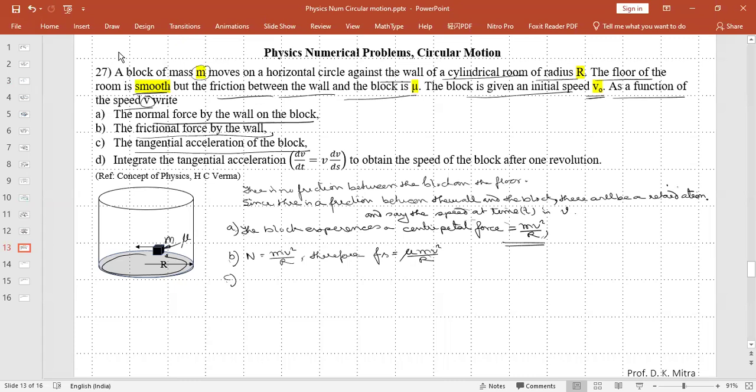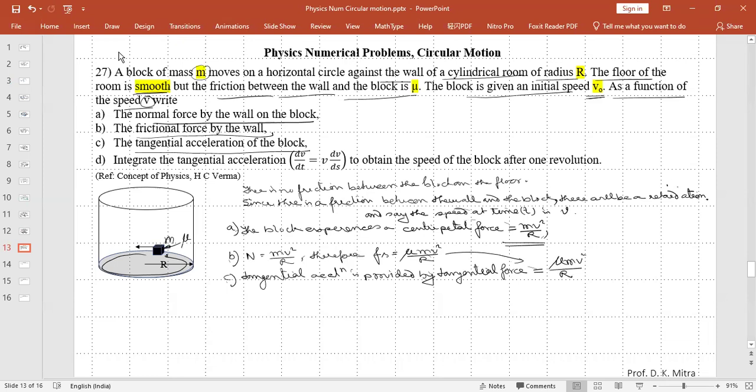The tangential acceleration is the tangential force divided by mass. And what is that tangential force? It is mu mv square by r.